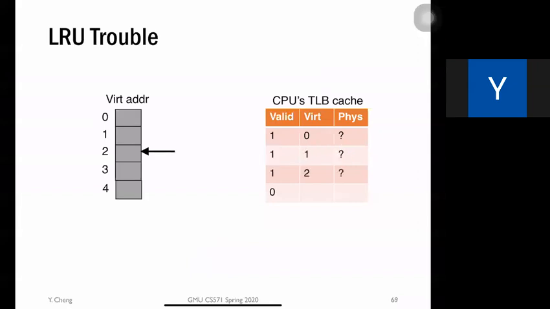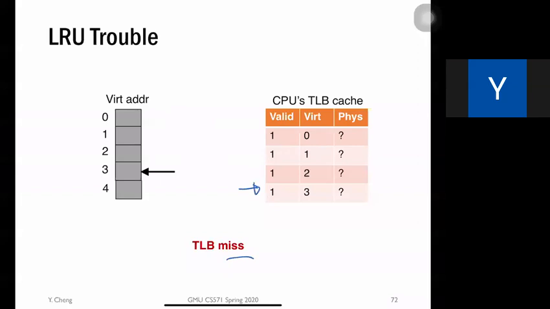And then the third virtual memory access hits on the third virtual page, and you do exactly the same thing and populate. There's another TLB miss, okay? And you populate the third TLB entry, and then followed by the fourth virtual memory access. Another TLB miss, and populate the fourth TLB entry.